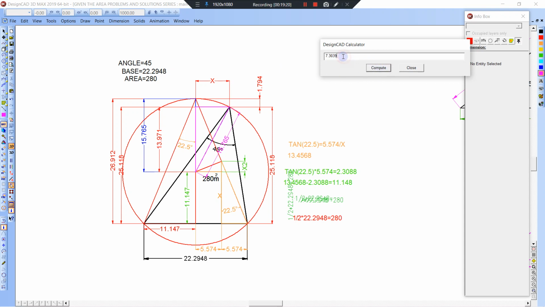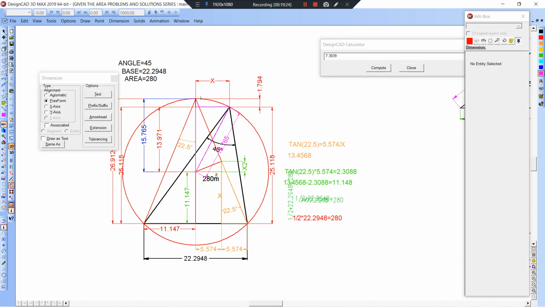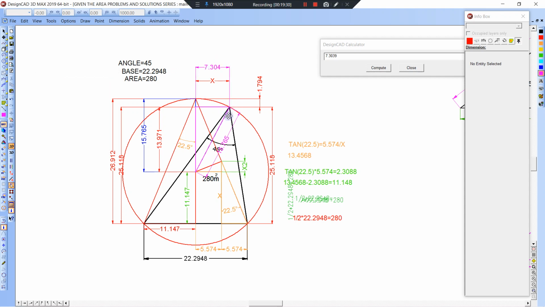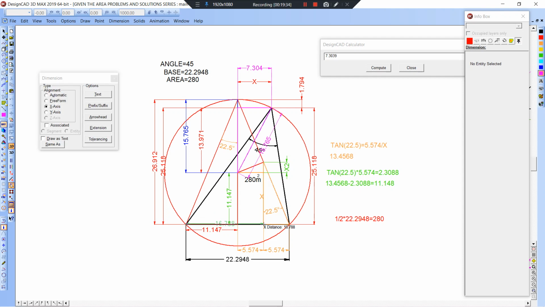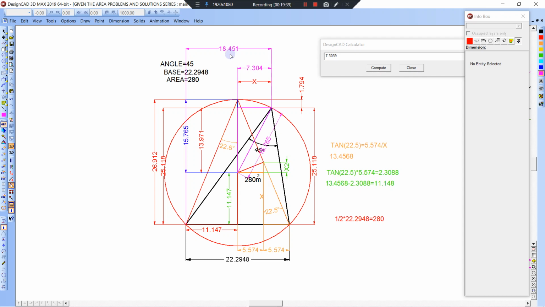We get 7.3039. That is how you solve for that in real time. And then you would just obviously add this to that, get your offset. That's the answer we were looking for. All right, that's how you solve it.